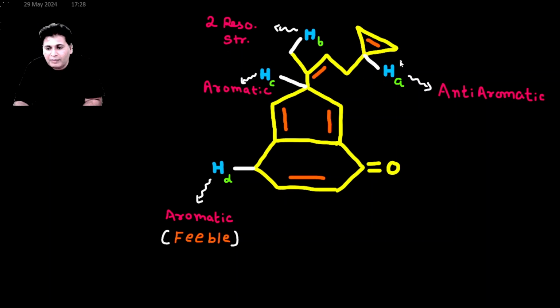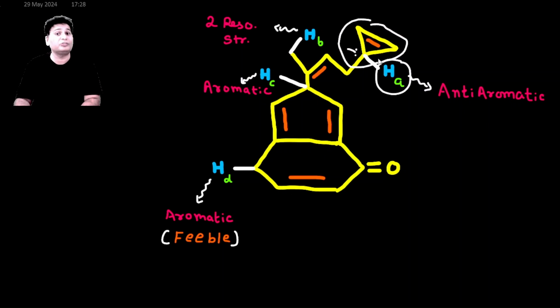After removal of the hydrogen number A, I told you the minus charge will come here and you get an anti-aromaticity in this part of the system, which is not good for the health of the anion. It is a very bad thing, anti-aromaticity. Now, in the case B, the minus charge came to this position, and you saw you got two resonating structures, one this itself and the next one single double, and the minus will come to this position.